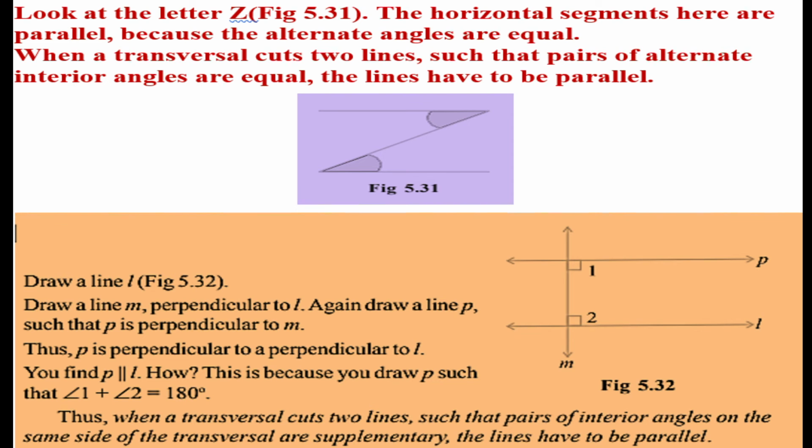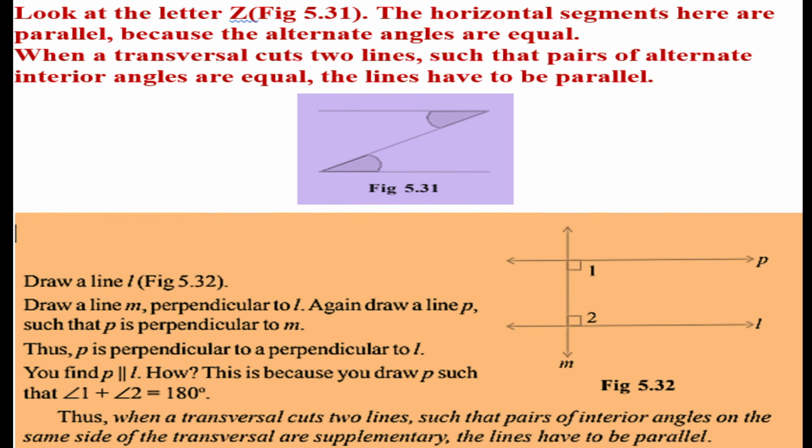Two lines and one transversal line, if you have angle 1 plus angle 2 equal to 180 degrees, then immediately you can say line L is parallel to line P, because of interior angles on the same side of the transversal.